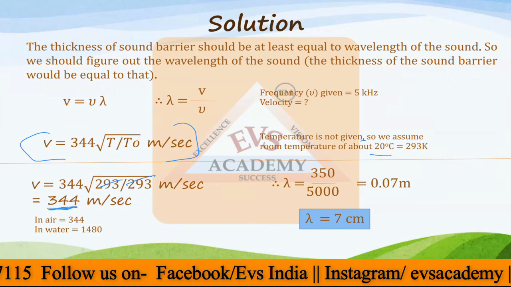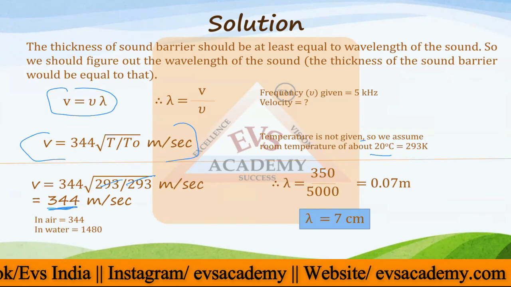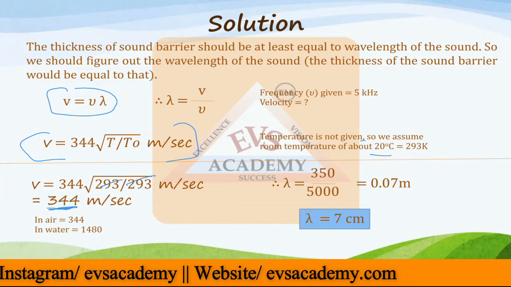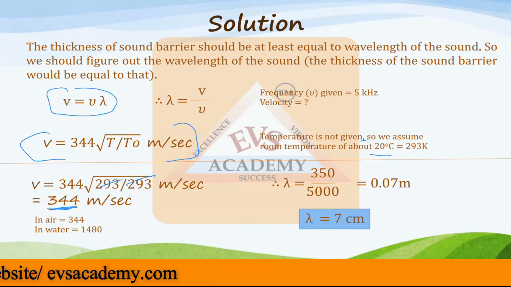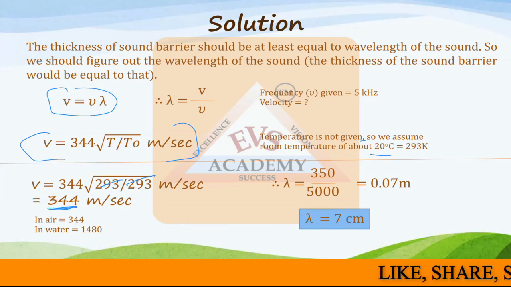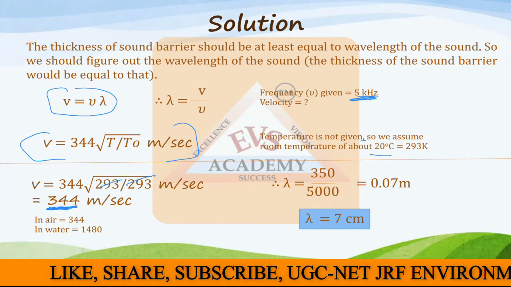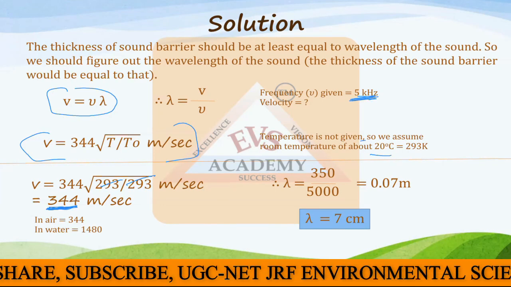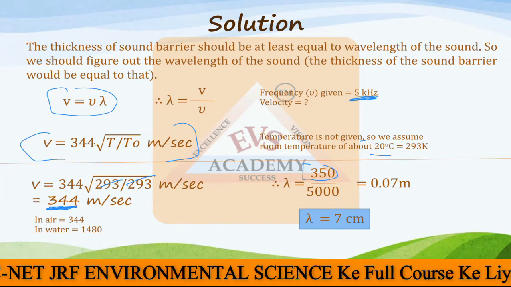Now we will use this particular formula, velocity equals to mu multiplied by lambda, or frequency multiplied by the wavelength. I have to calculate the wavelength, that is the lambda. So lambda is equal to V divided by mu. V is the velocity, mu is the frequency, that is given as 5 kilohertz, and we have calculated the velocity 344. For ease of calculation, just take 344 as 350 and 5 kilohertz as 5000 hertz.